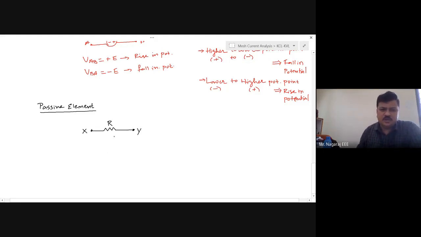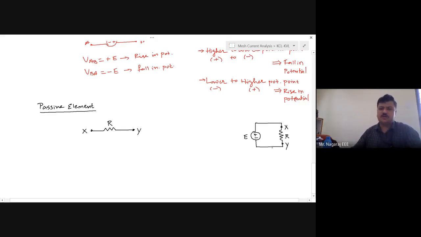For this sink, I will take X and Y. Now consider a very simple circuit where I have only one resistor and one source connected. This is the terminal polarity of the voltage source E, and the same resistor R with terminals X and Y.